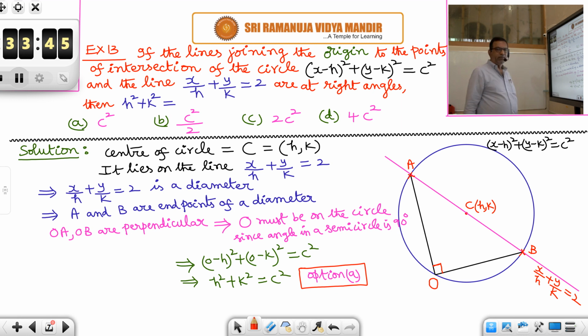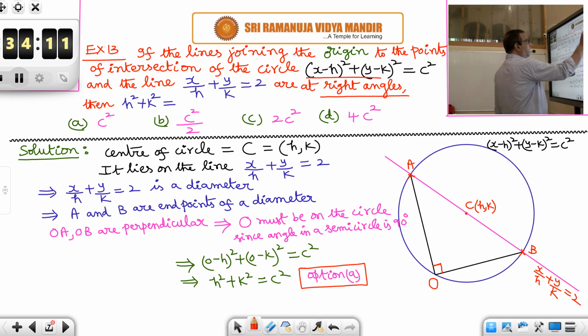Origin is joined to the points of intersection, so we have to homogenize the equation of the circle with the help of the equation of the line. And because he said in the question they are at right angles, we have to equate the coefficient of x square plus coefficient of y square to 0. But you can eliminate that process here.